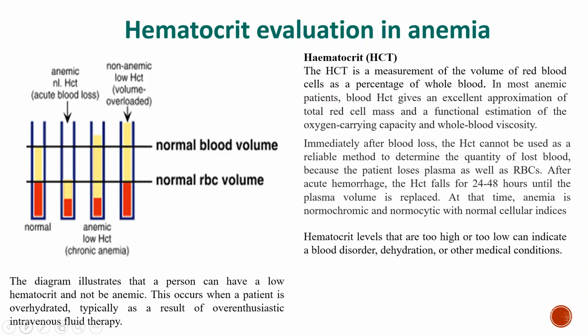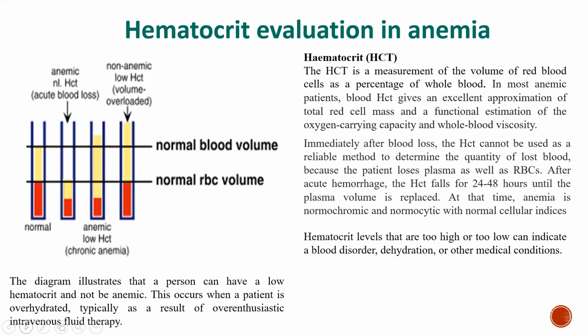After acute hemorrhage, the hematocrit falls within 48 hours until the plasma volume is replaced. At that time, anemia is normochromic and normocytic with normal cellular indices. Hematocrit levels that are too high or too low can indicate a blood disorder, dehydration, or other medical condition.